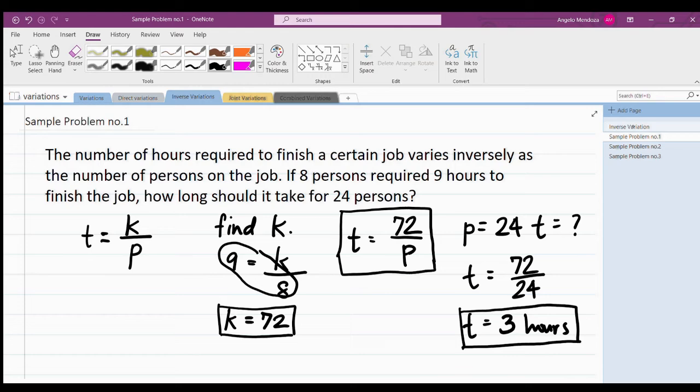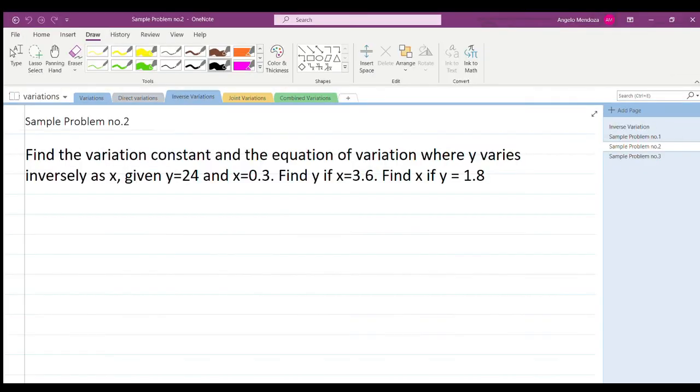Let us have sample problem number 2. Find the variation constant in the equation of variation where y varies inversely as x, given y equals 24 and x equals 0.3. Find y if x is equal to 3.6. Find x if y is equal to 1.8.